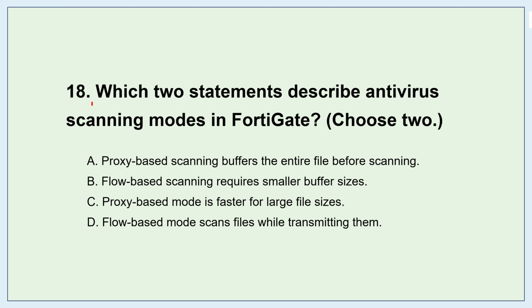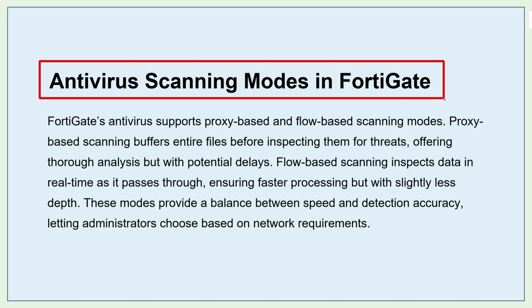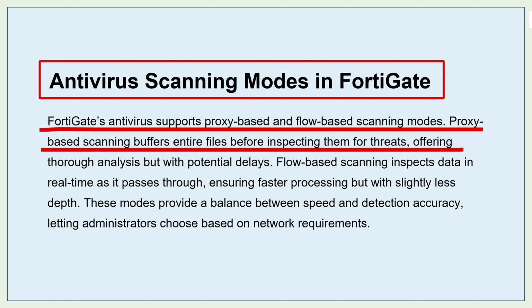Question 18. Which two statements describe antivirus scanning modes in FortiGate? The knowledge points of this question are: proxy-based and flow-based scanning. Proxy-based scanning checks entire files before allowing them, which is thorough but slower. Flow-based scanning inspects data as it passes through, making it faster but less detailed.